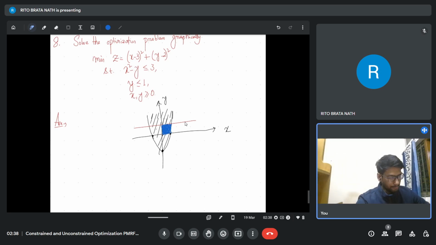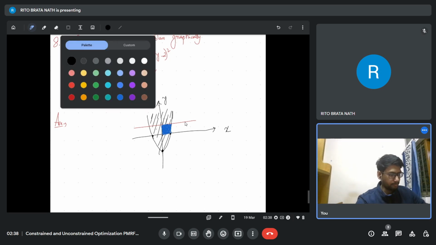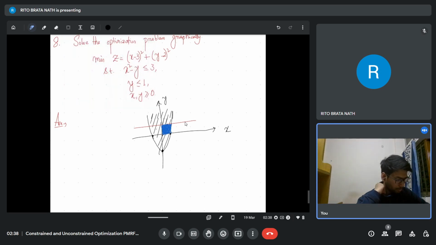Now you have to see where it touches the parabola, right? So y is 1. So in that case, this point is (2, 1). Okay, and your circle is centered around (3, 2).